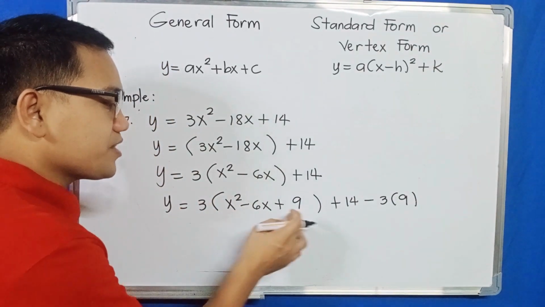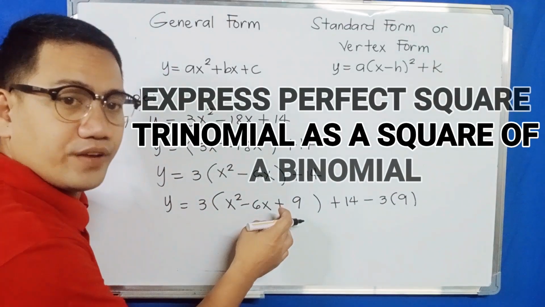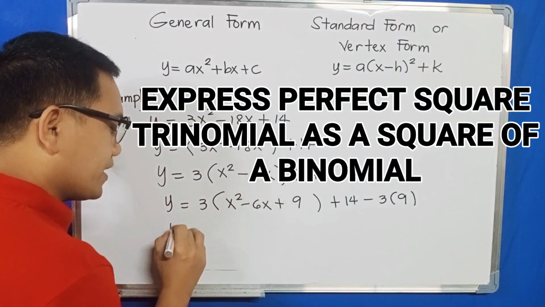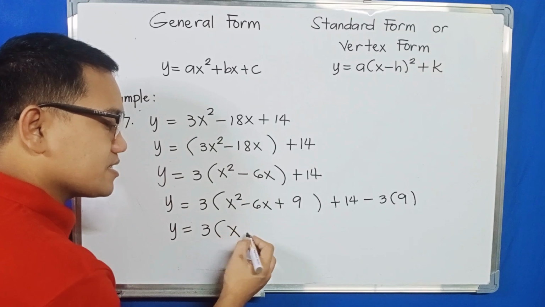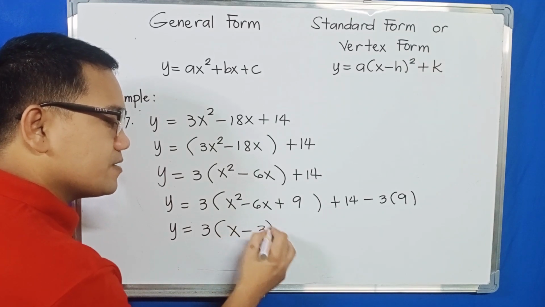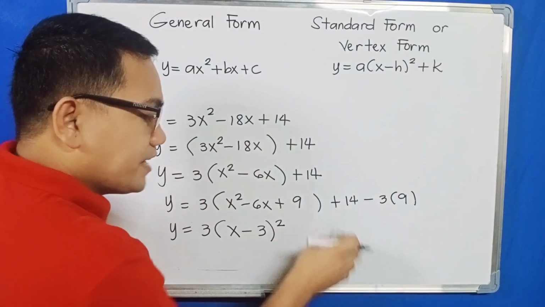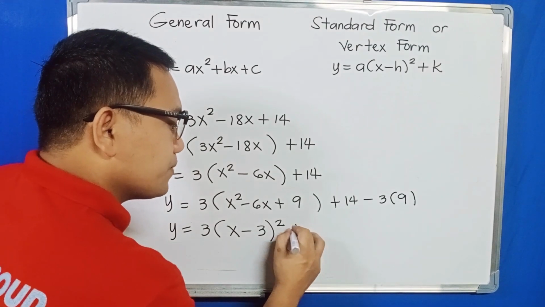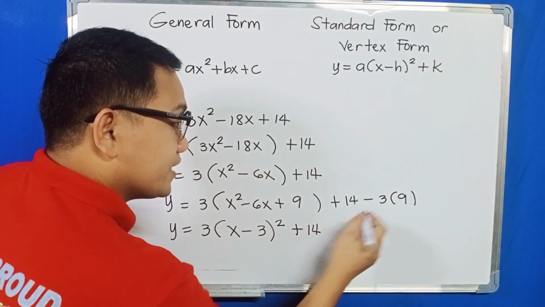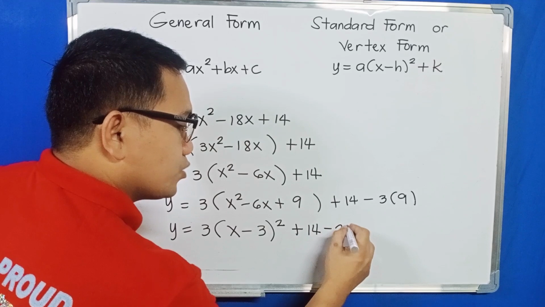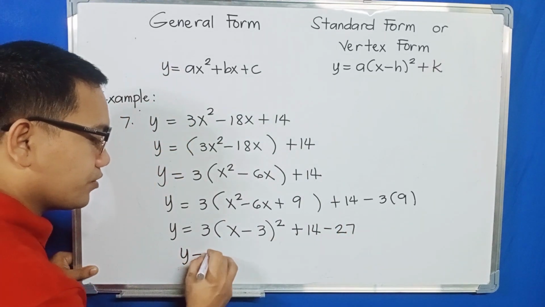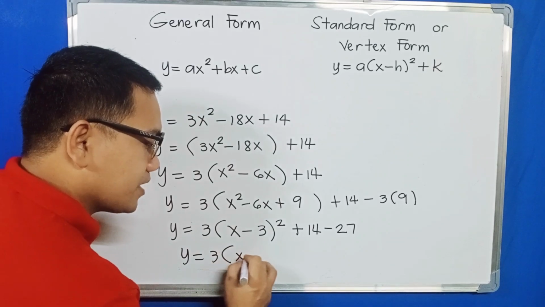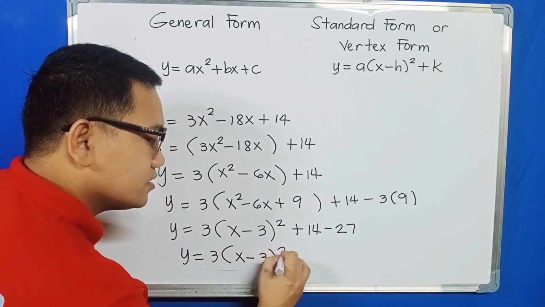Then, let's express this one as a square of a binomial. So we will have y equals 3 times the quantity x minus 3 squared. Then, let's simplify first as we multiply 3 and 9, which is 27. Then, y is equal to 3 times the quantity x minus 3 squared.